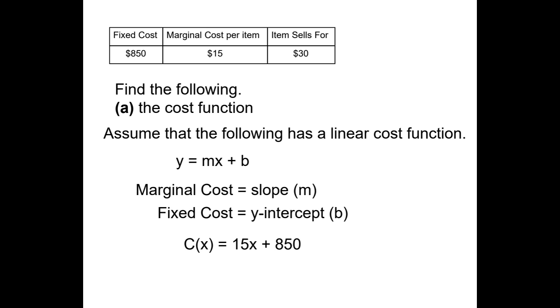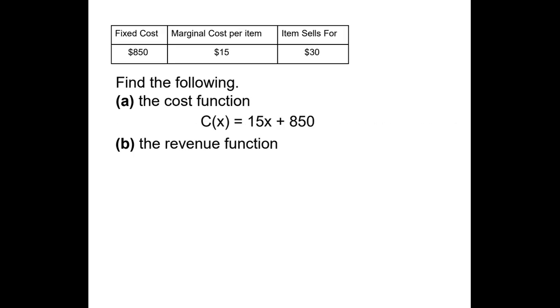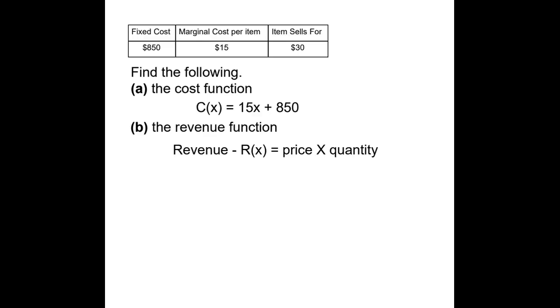Okay, let's do B, the revenue function. When we're talking about revenue, revenue refers to how much money a company makes based on the product they're selling. So that's the definition of revenue, and I need to come up with a function. I'm going to call this R of x is equal to price times quantity. That's the definition of revenue.